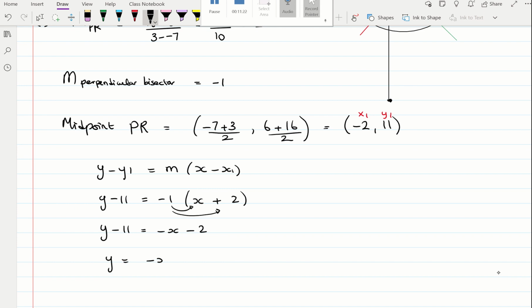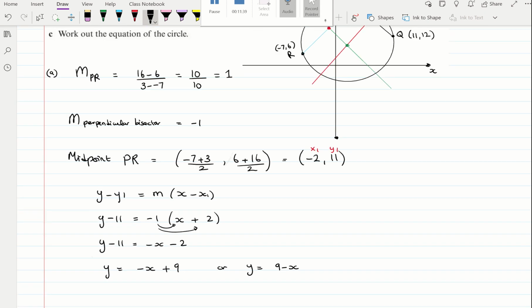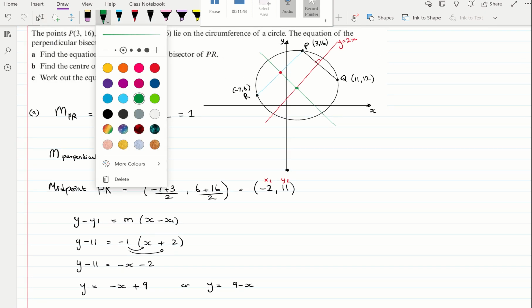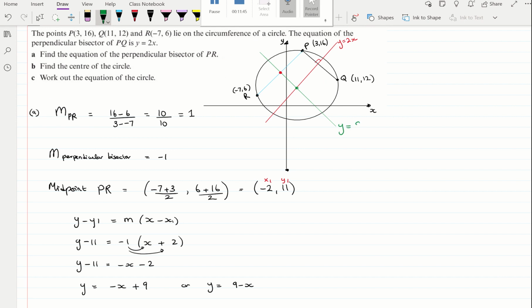So y equals -x, and then -2 plus 11 is +9. So that's the equation I want, and you can write it as y equals 9 minus x if you want. So I found the equation of the perpendicular bisector. I'm going to put it here: y equals 9 minus x.